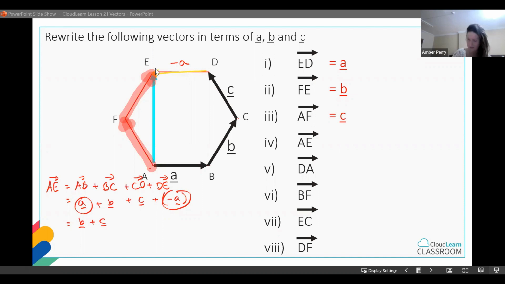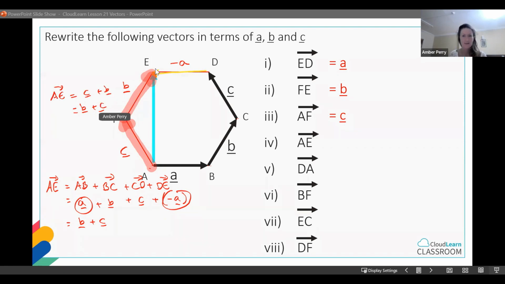A to F is exactly parallel in the same direction as C to D, so that's C. And F to E is exactly parallel in the same direction as B to C, so that's B. So AE would be much quicker: it's C plus B, and then we tend to write it in alphabetical order, so B plus C.